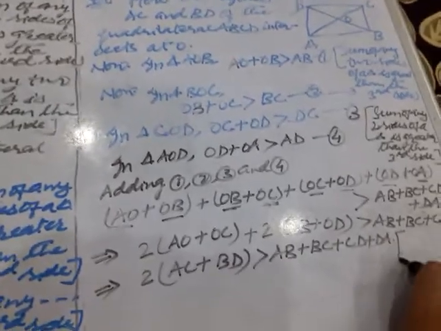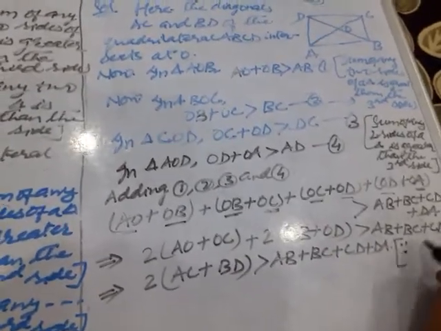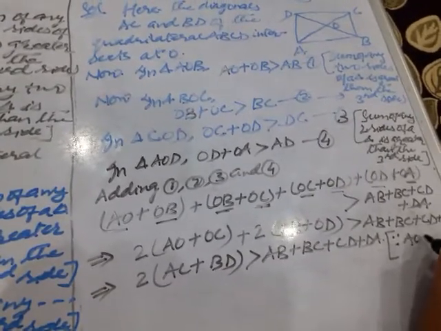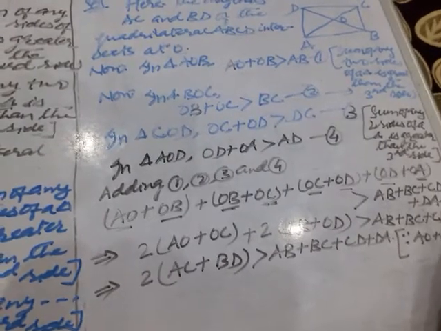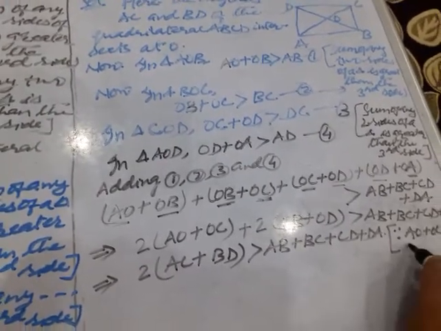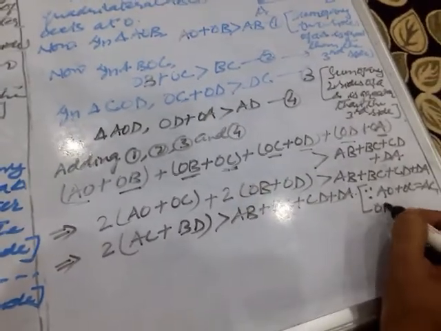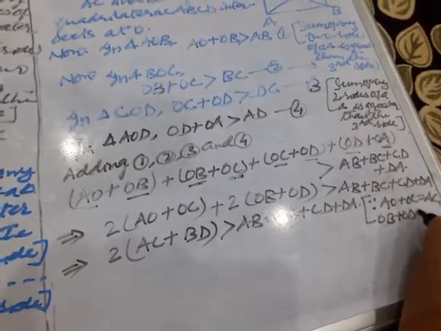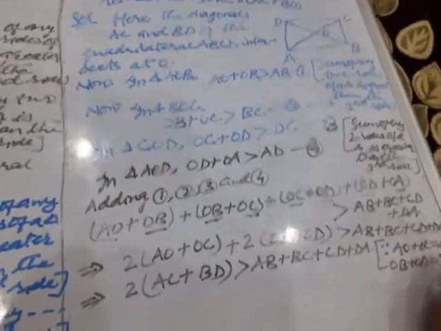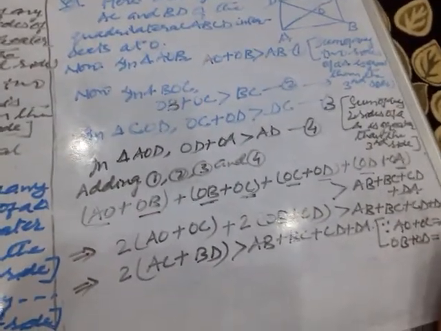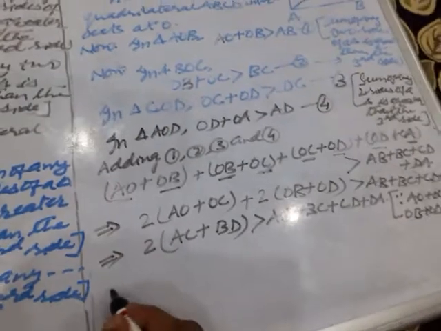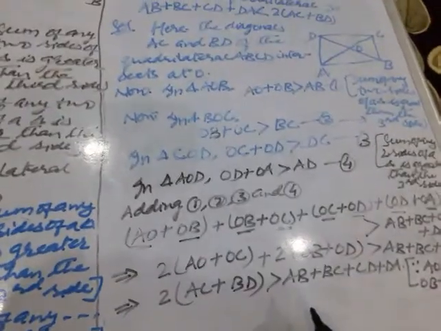Okay, why did it happen so, children? Because AO plus OC equal to AC, and OB plus OD equal to BD, that is according to the figure we have changed the things. This implies that, what do we have to prove?